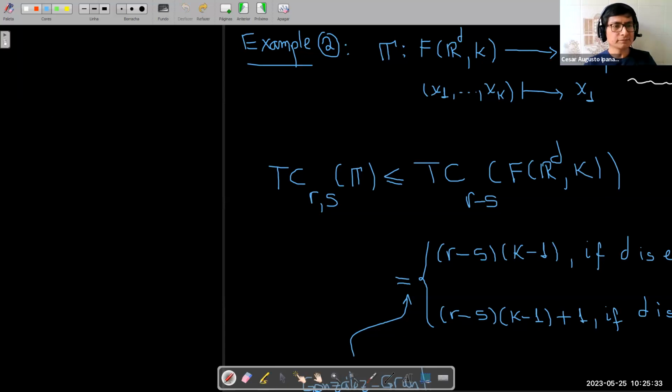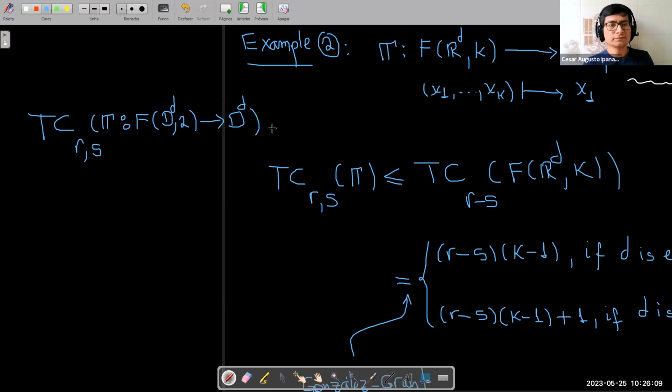That TC, for the case, we can consider here any r, here is phi, for the configuration space of the closed d-dimensional disk, projecting to this. This is not 1, for s equal r minus 1.